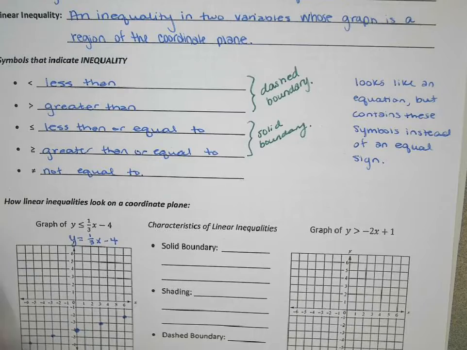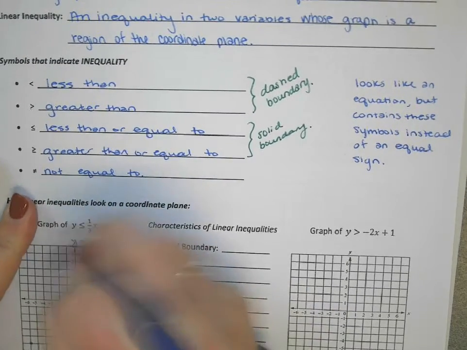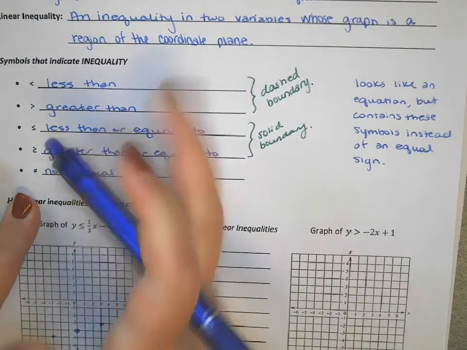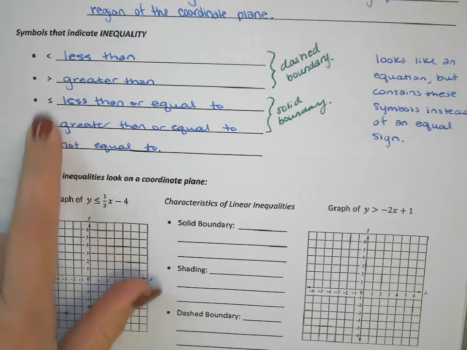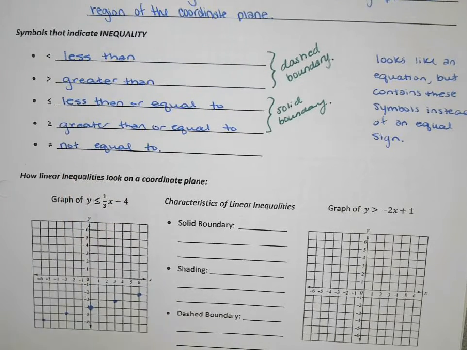Now don't connect them yet, because that's when you need to look back and say, okay, I'm not graphing an equation now. What I'm graphing is an inequality. Is it going to be a solid boundary line or a dashed boundary line? This one is an or equal to, so it is going to be solid.